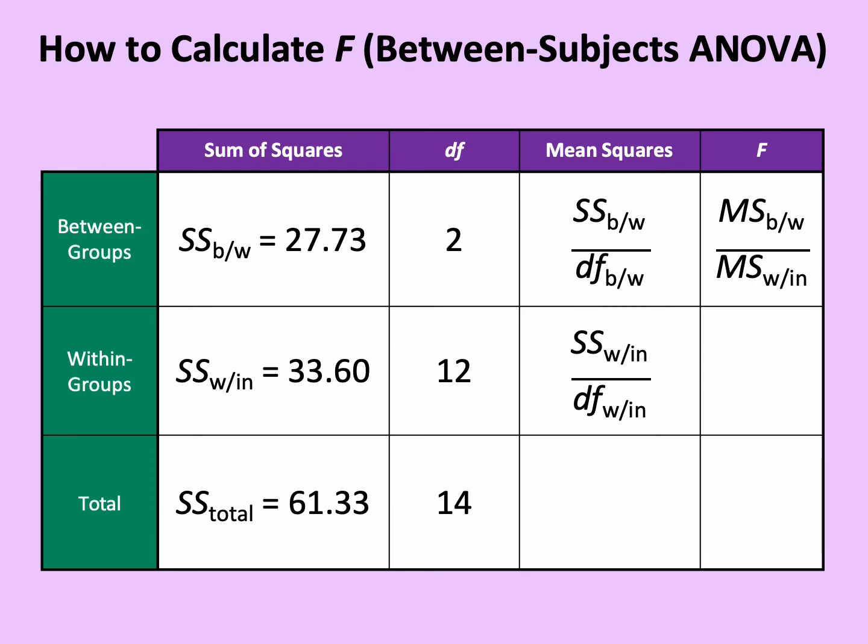So our formula for the mean squared values is simply the sum of squares between over the degrees of freedom for between. Okay, so it's 27.73 divided by 2. And again, for the within groups, we have the sum of squares within over the degrees of freedom within.